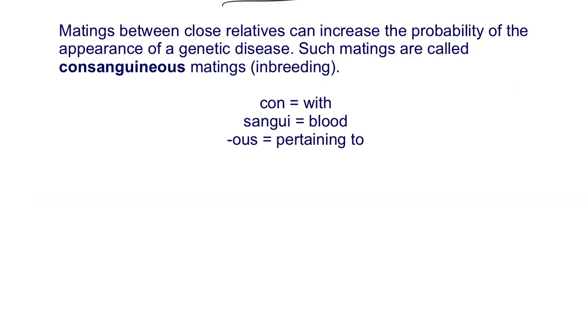Inbreeding can cause rare recessive alleles to build up in that family. It is much more probable that a recessive allele will build up and remain in a family line when there's inbreeding. That's like when a brother and sister mate, or a father and his daughter.